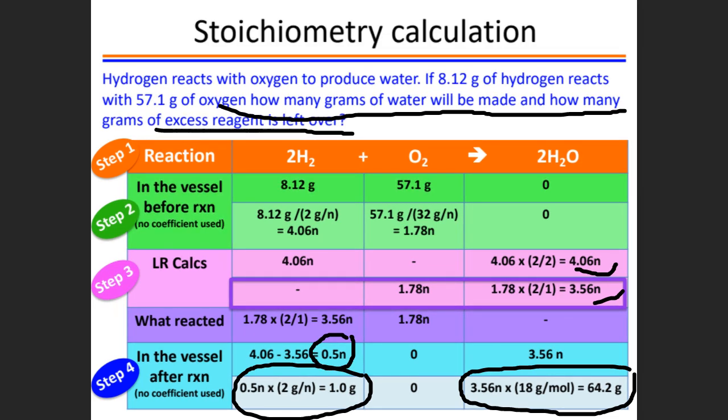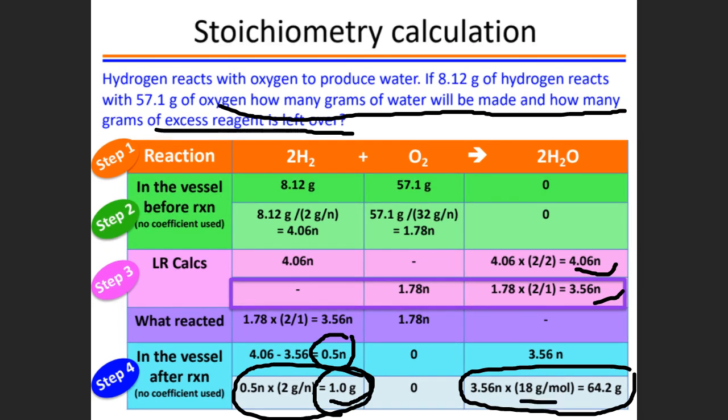Obviously, the excess reagent will remain in the reaction vessel. So you have to find out from here which one it is. Hydrogen. So if you compare the amount of hydrogen per 1 mole, you can calculate the amount of hydrogen for the remaining moles. So you find the excess amount of hydrogen in gram.